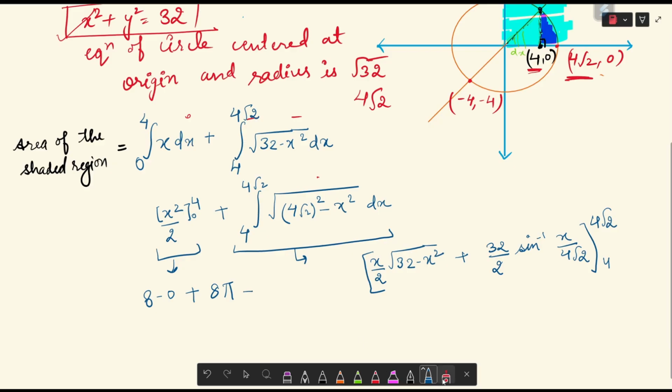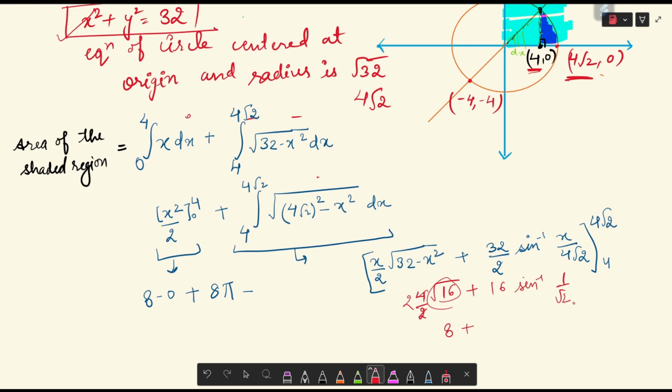now we will put 4. So if we put 4, it's 4 by 2 under root 32 minus 16 is 16, plus 16 sine inverse 4 upon 4 root 2, 1 by root 2. Okay, so it will be 2, its root comes out so 4, it will be 8 plus 16 sine inverse 1 by root 2.